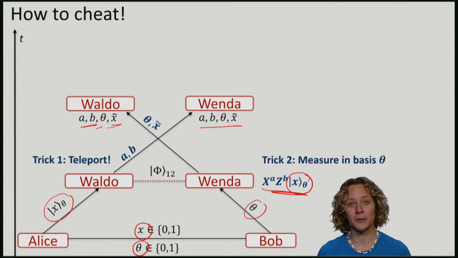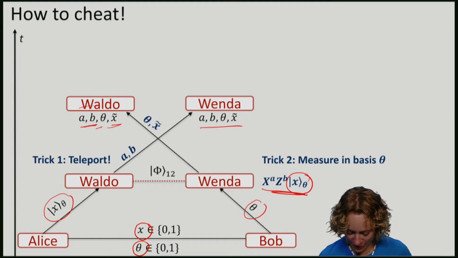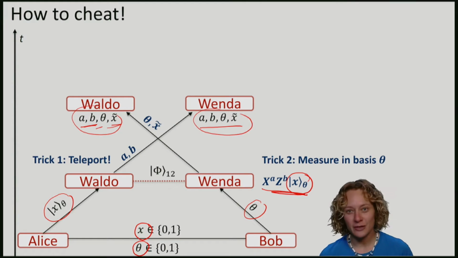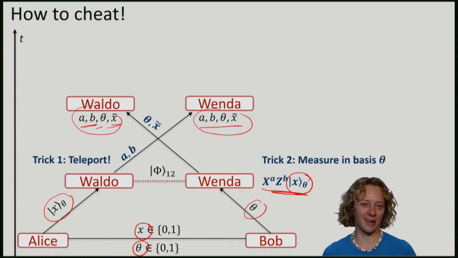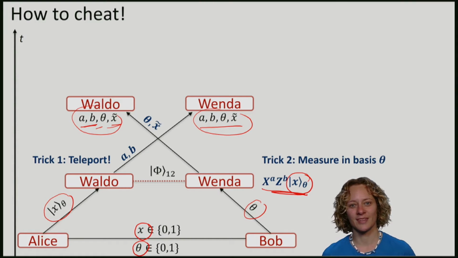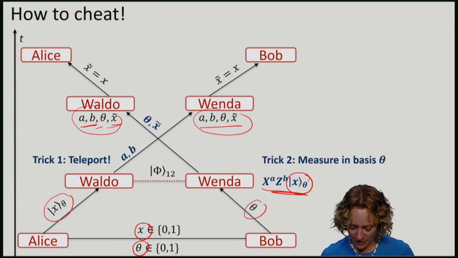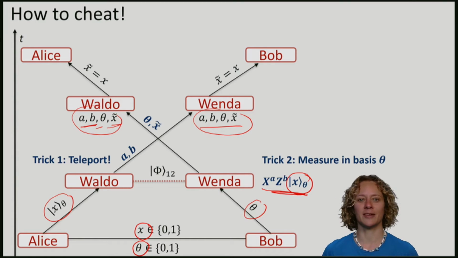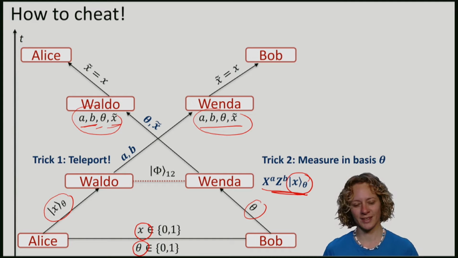And we already saw in our trick number 2 how from all of these things together we can in fact compute the right x. Waldo and Wenda thus perform this computation and send the resulting bit x to both Alice and Bob.